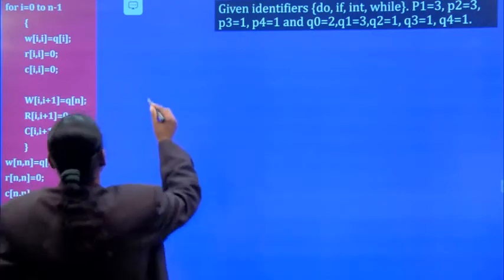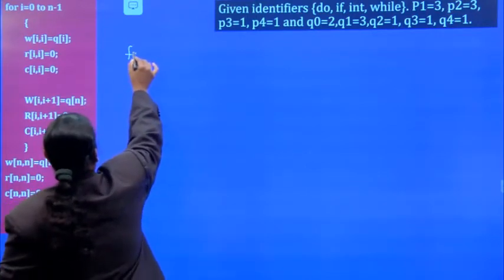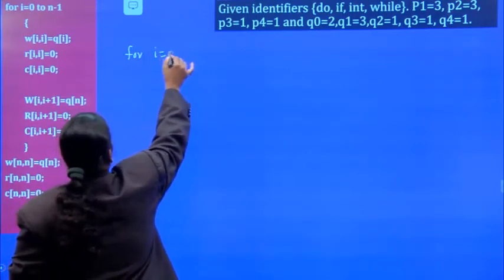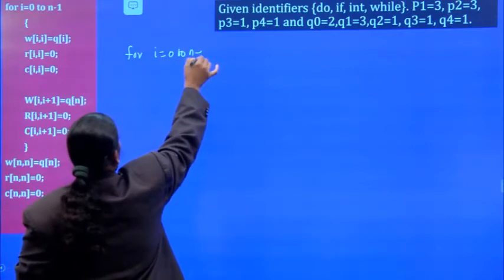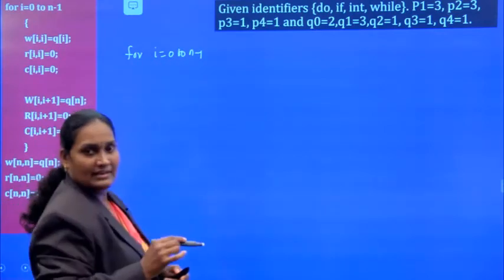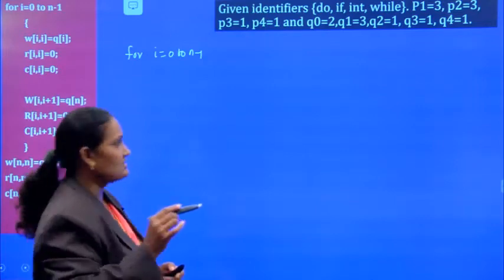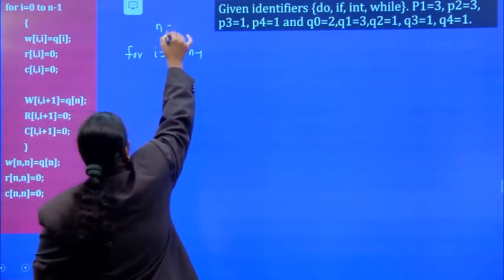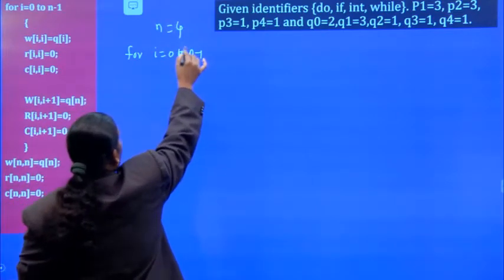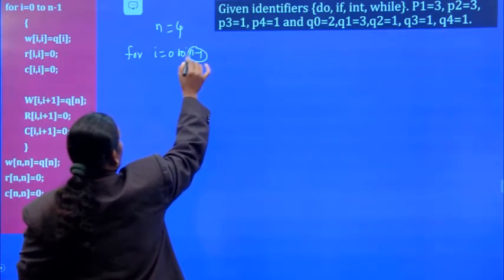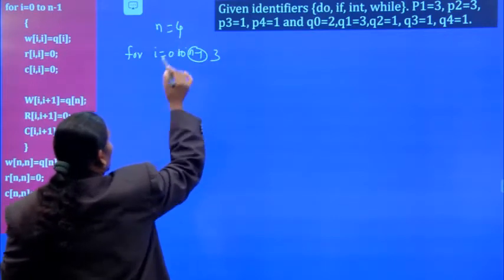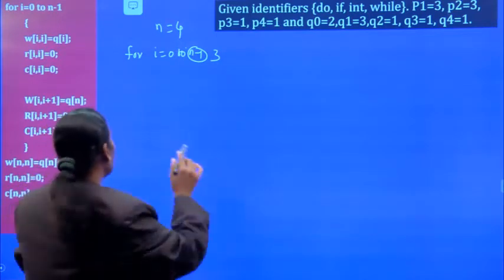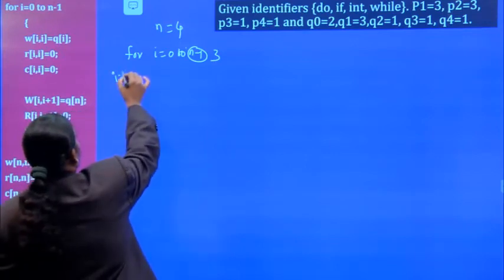Now let us see the algorithm: for i equal to 0 to n minus 1. What is n here? N is the number of identifiers, so n is equal to 4. N minus 1 is 4 minus 1, which is 3, so 0 to 3. First the i value is 0.